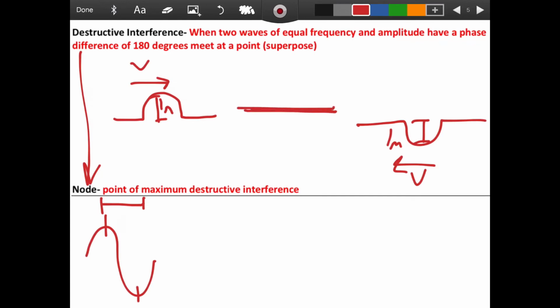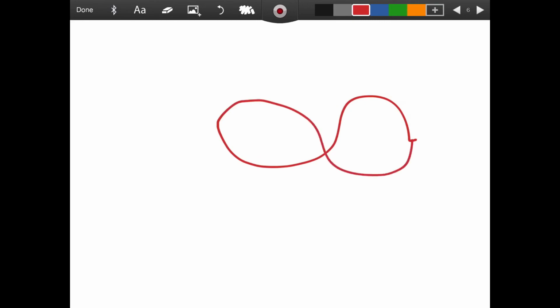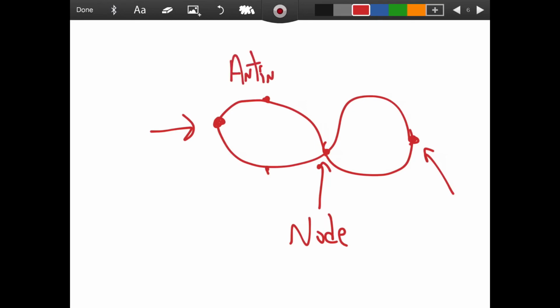And this is important because next week when we have this next segment, we're going to look at standing waves. Here's an example of a standing wave. And so this would be one wave where there's no displacement. This is going to be where a node happens, and at points where there is a maximum, that's going to be where an antinode occurs.